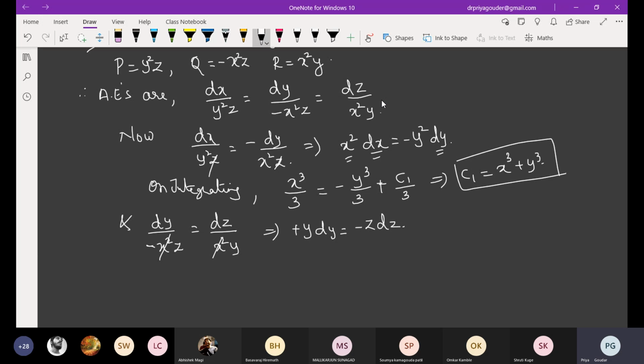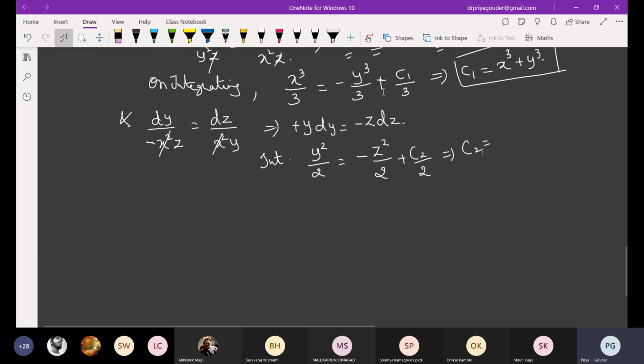What is the next step? Integration. What is the integral? You are aware, z is z square by 2. So take a constant C2 by 2. Tell me what is the relation for C2 you will get? Y square plus z square.